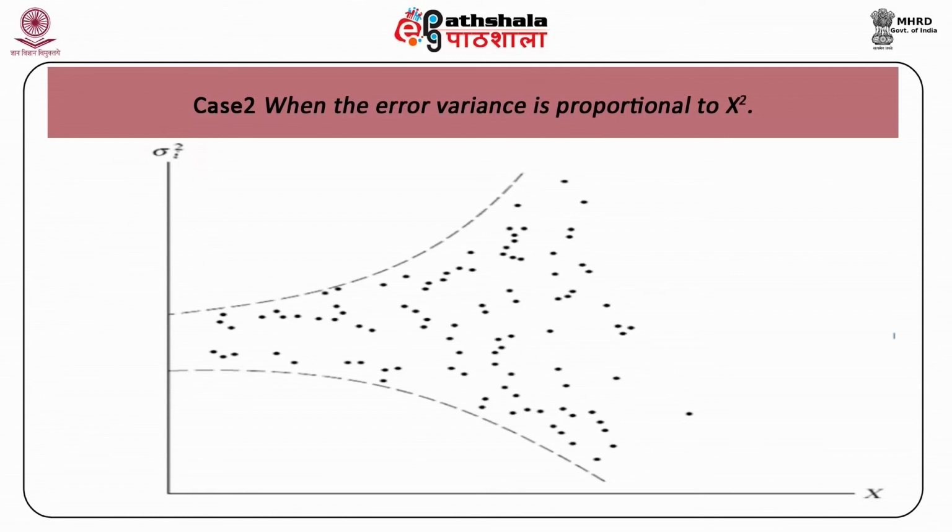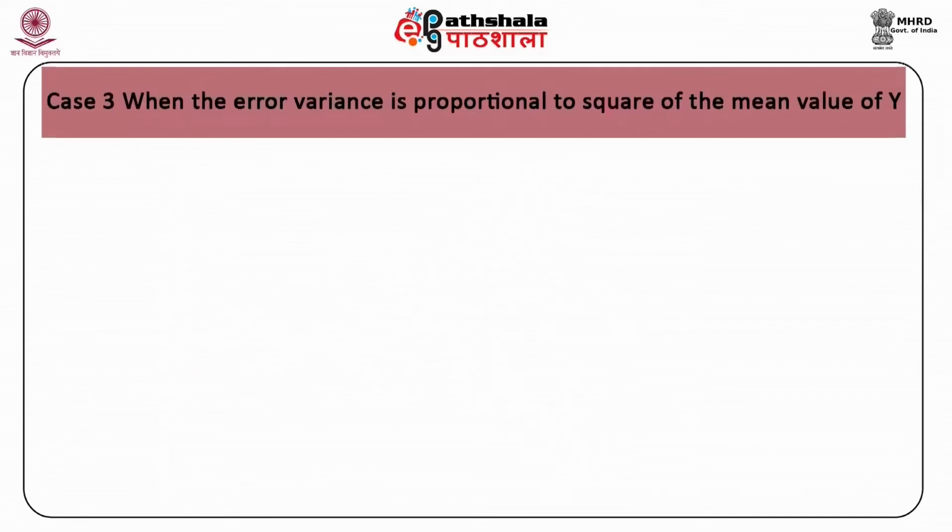Now we transform the regression model by dividing the original regression equation by xi, and we can show that the error term vi is homoscedastic, and hence we can use the OLS method to produce the BLUE estimators.